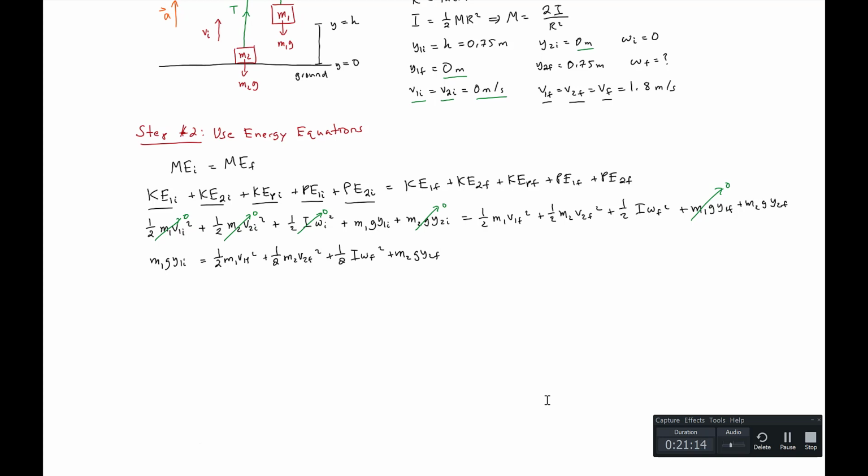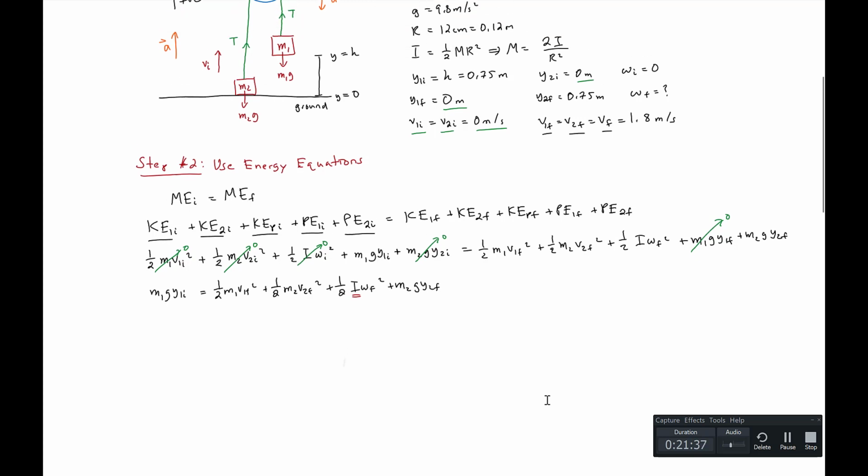There's still a lot to go through, but our goal is to figure out the mass of the pulley, and that is capital M. Right now, capital M is nowhere to be found, which means we need to introduce capital M using moment of inertia. The next thing we want to do is check which terms we already have.